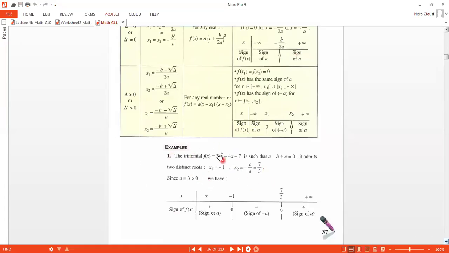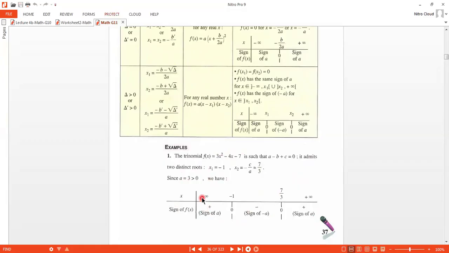We have here the first example, which is 3x squared minus 4x minus 7. Here delta is positive, so we have two roots, minus 1 and 7 over 3. We put the two roots on the table, minus 1 and 7 over 3, and we have same, opposite, same. a is positive because it's 3, so we have plus, minus, plus. So what do I say about this trinomial?